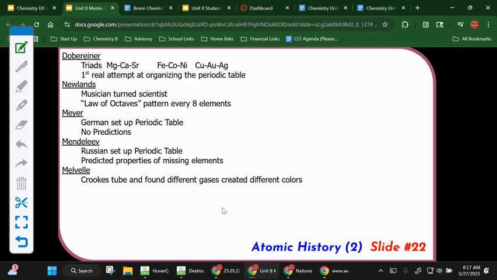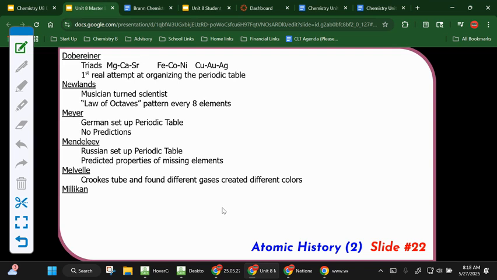They're odorless. Yet they're around us, and they're hard to detect. When you grab a chunk of ore, you can see the thing and you can separate the different parts of it. Hard to find gases. Melville was the guy who started to find different gases. Why? Because they would glow different colors in a Crookes tube, meaning they had to have different properties, meaning they had to be different gases.